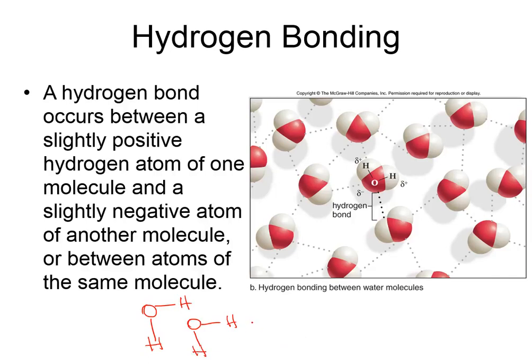And here we have oxygen, hydrogen, and another hydrogen here. So what happens in water, I said that this part is partial positive, this part is partial negative. When you bring them close together, there will be an attraction between the two. The same thing, there will be an attraction between this one and that, and between this and that.